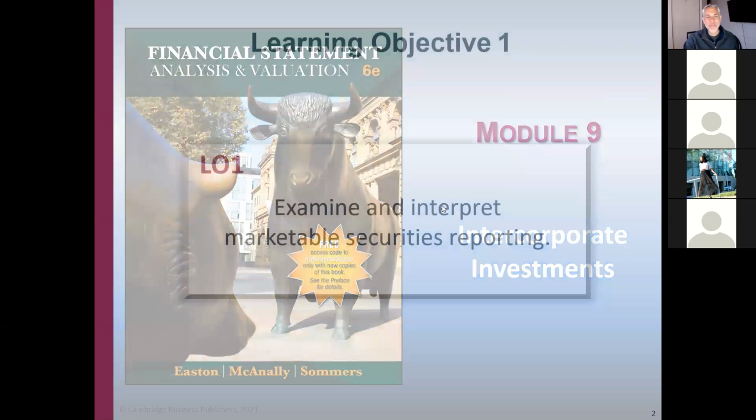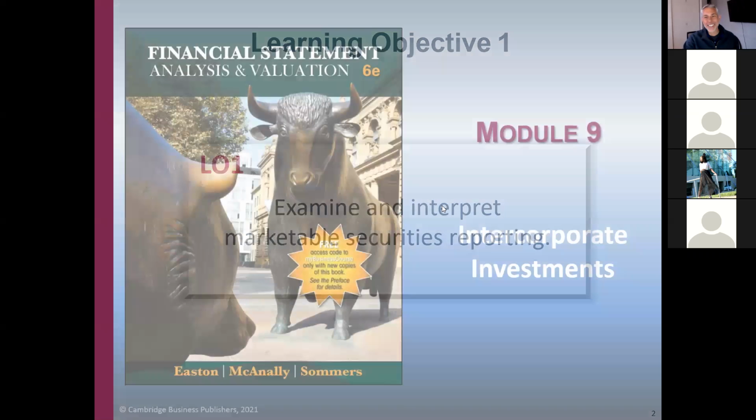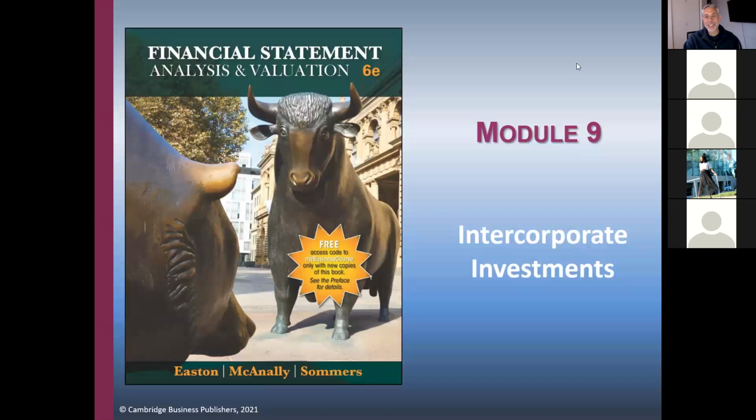So thank you. Okay, let's do Module 9, intercorporate investments. Now this will apply to most of you. Most of you are looking at Fortune 500 companies, and most Fortune 500 companies have made investments in other subsidiaries or in other companies, or maybe joint ventures or partnerships. That's very, very common.